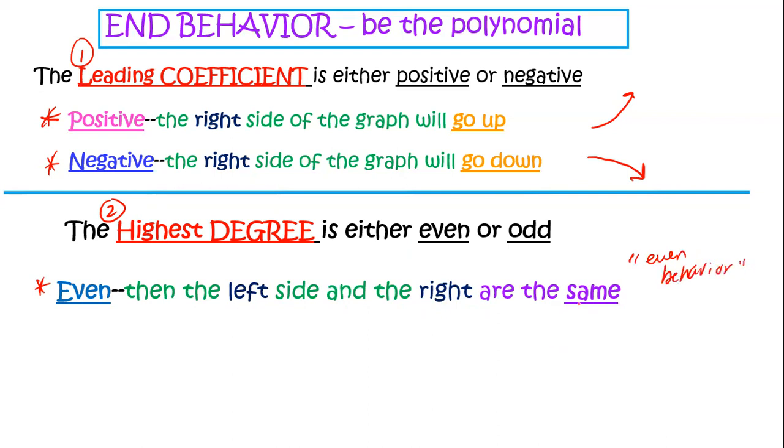Okay, if we're even, we're going to be doing even behavior, the same behavior. So if one side is going up, the other side is also going up. Does that make sense? If my right side is going down, what does that mean my left side is doing? It's also going down. They're going to be doing the even behavior. Okay?